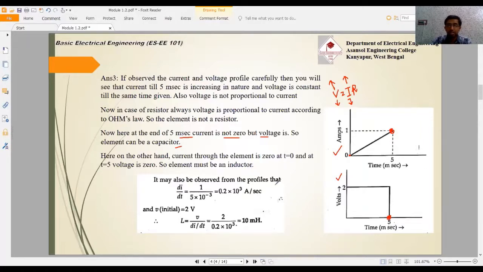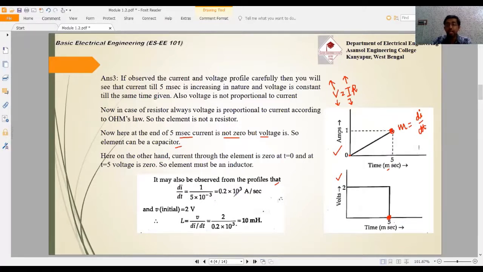It is also seen that the rate of change of current, that means the slope, m equals di by dt. You already know this value from this characteristic curve. It is 1 divided by 5 millisecond.